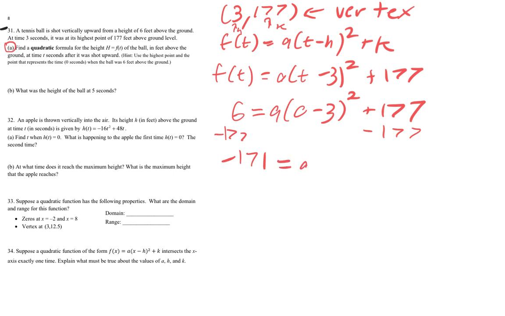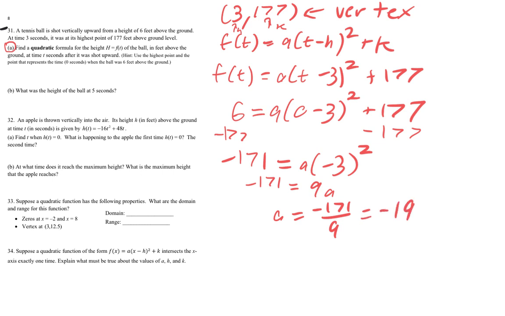It's equal to a times negative 3 squared, and negative 3 squared is 9, so negative 171 equals 9a. So a equals negative 171 over 9, which is negative 19. So our equation must be h equals negative 19 times (t minus 3) squared plus 177.